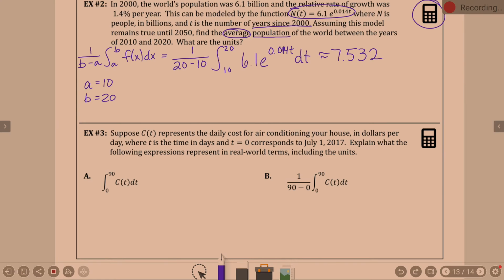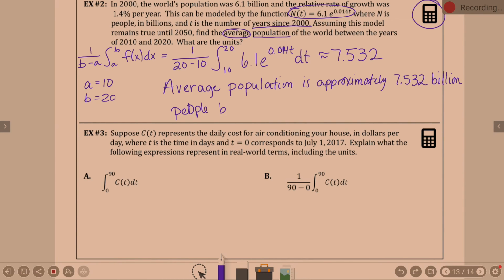So, put an explanation of some sort. With free response, that's a habit you need to be in, is putting a little bit of explanation there. So, average population is approximately 7.532, keyword to get on there, billion people between 2010 and 2020.